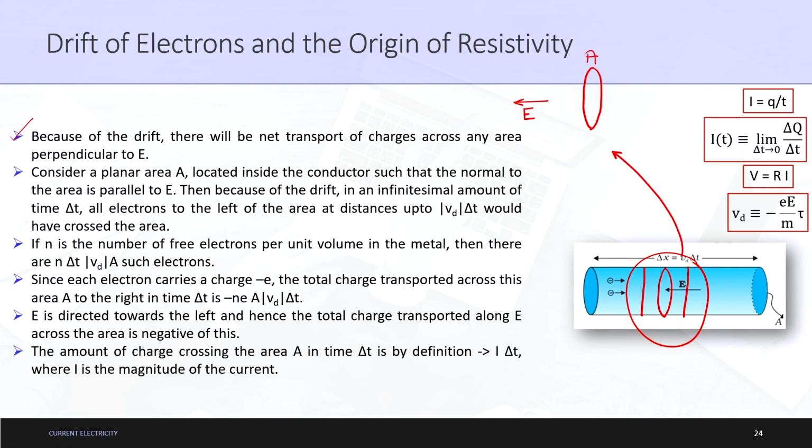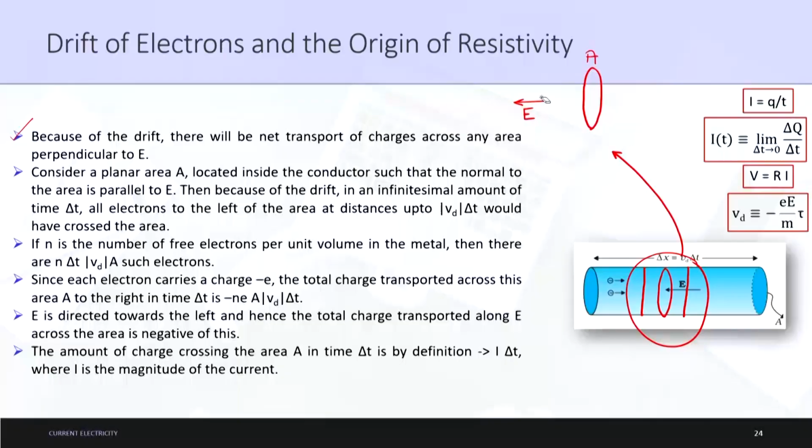Because of drift, in an infinitesimal amount of time delta t, all electrons on the left of the area at distance |v_d| delta t would have crossed the area. The movement of electrons, negatively charged particles, is always opposite to the direction of capital E. Hence, if E is in this direction, the negatively charged particles will move in this direction.